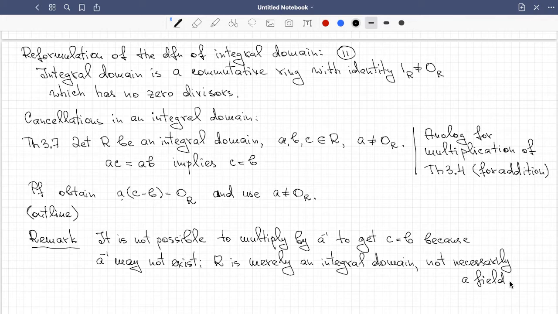So you cannot just take this identity and multiply by A inverse to get C equals B, because there is nothing like A inverse.